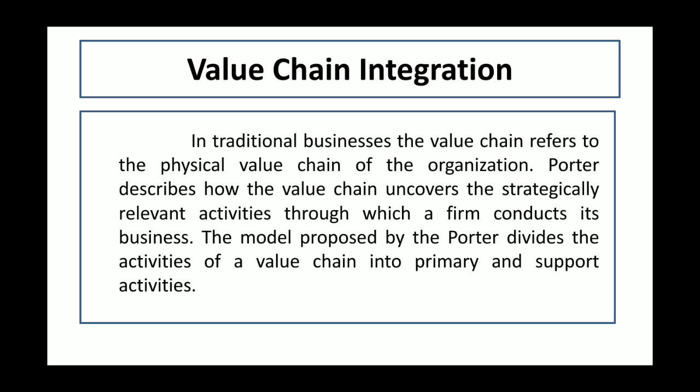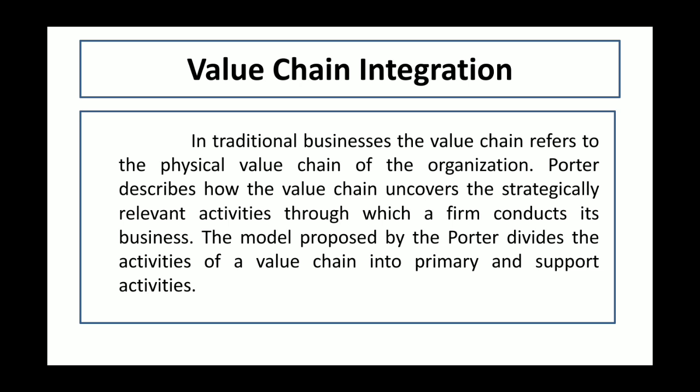They will divide the value chain integration into two categories: one is primary and one more is support activities. Value chain integration is nothing but the link between all who are linked in e-business. Like I already told, suppliers, partners, customers, everything will be linked in value chain integration.